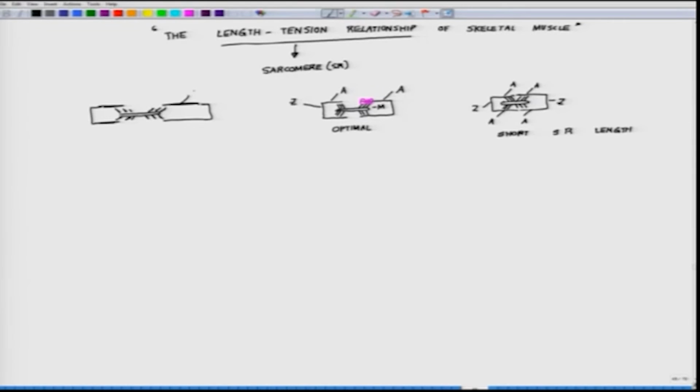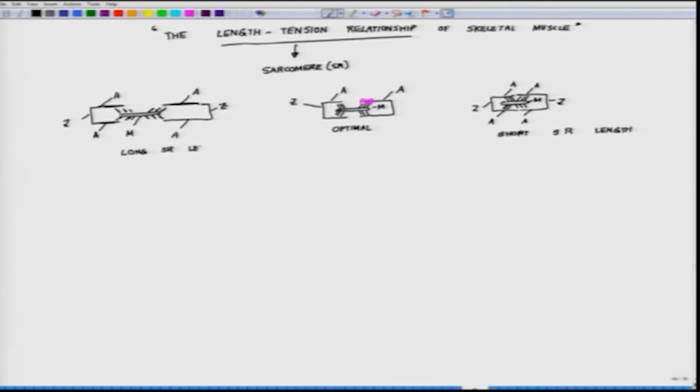Here you have the A's, actins, actins, actins. Here you have the Z line, and here you have the myosin, right, myosin. Okay. So, this is when the sarcomere is long.